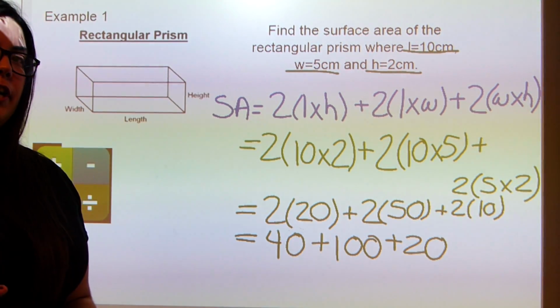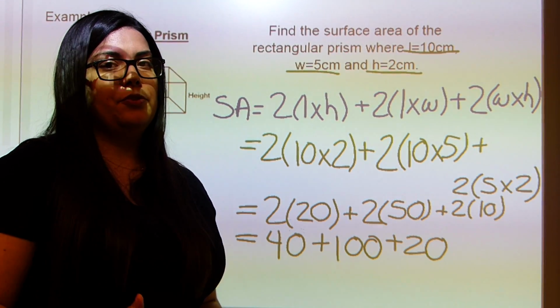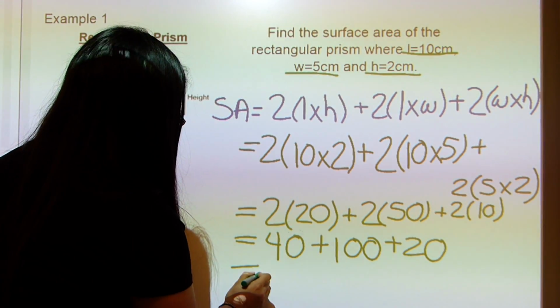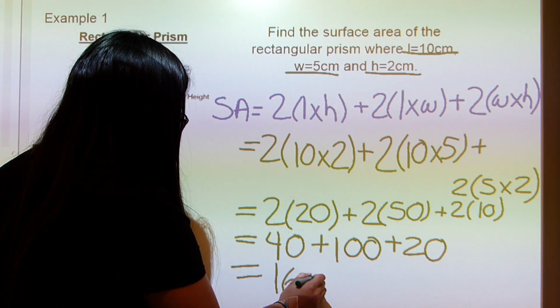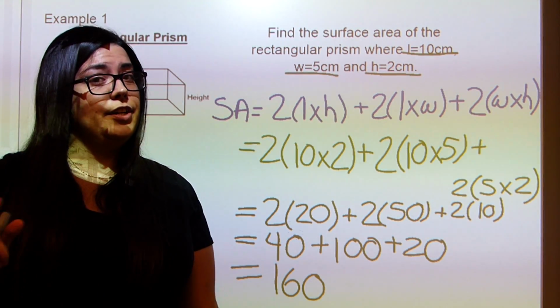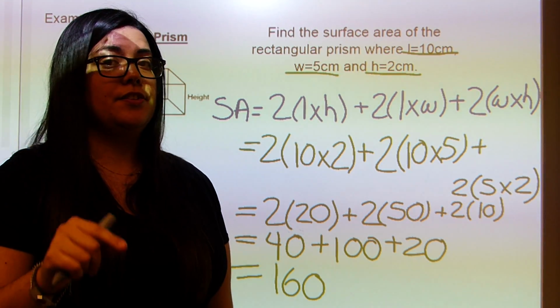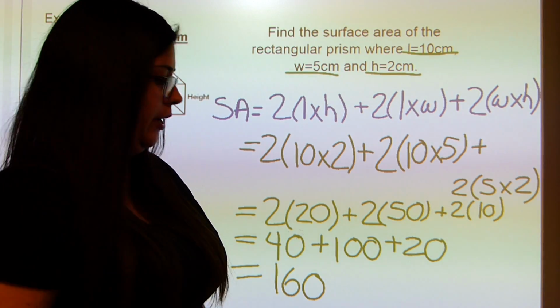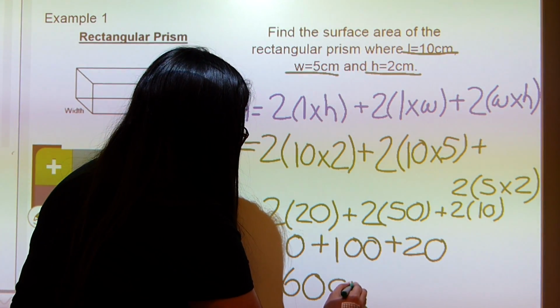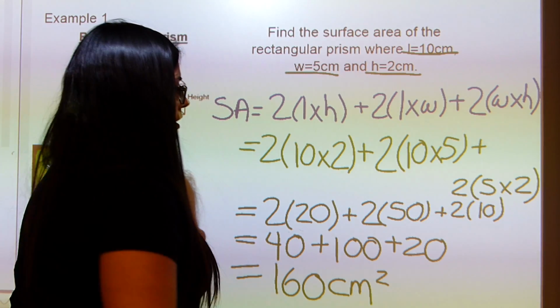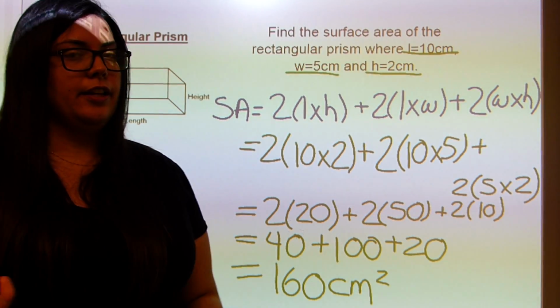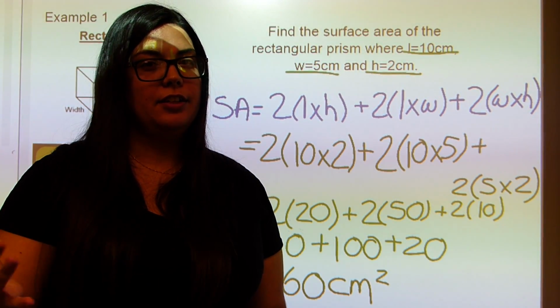Okay, so now I have 40 plus 100 plus 20, so it comes to 160. But the answer isn't 160. It's 160 centimeters squared. Never forget your units. These are very important. So if you guys pause the video, got that answer, pat on the back for you guys. Let's try another example.